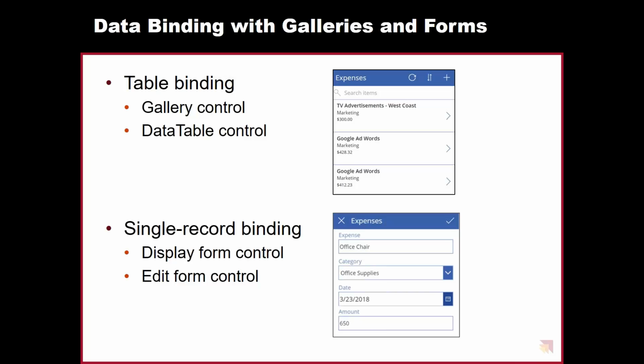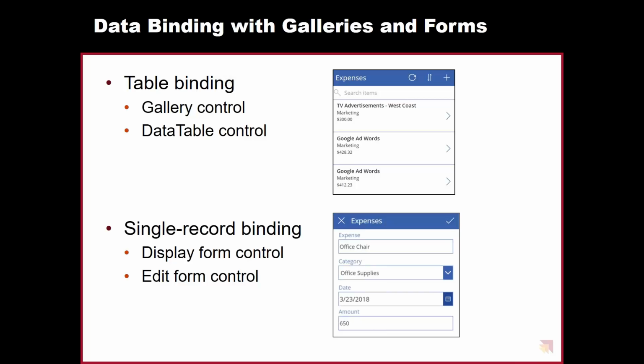Obviously it's a lot easier to get up to speed on PowerApps than on something like Visual Studio doing web-based development. And there's this abstraction where the connector hands back a table of data. And then we're able to quickly build our list views and our form views. So we have both table level binding and single record binding.